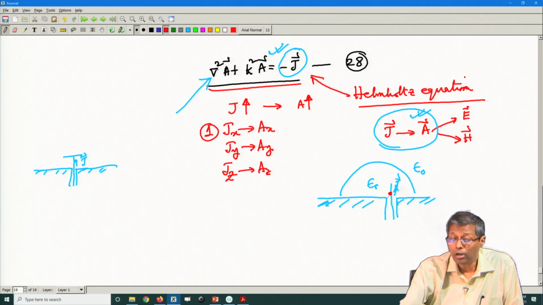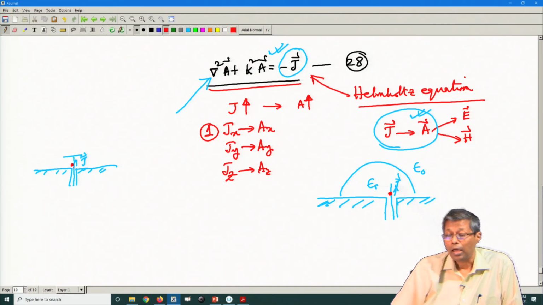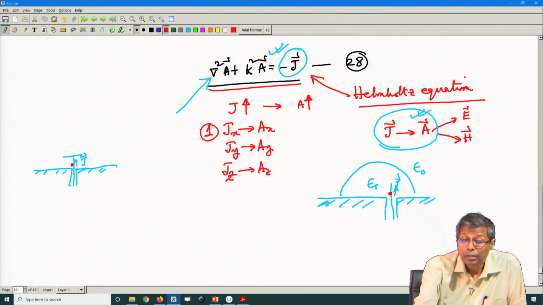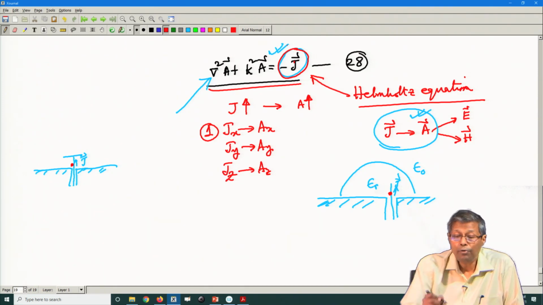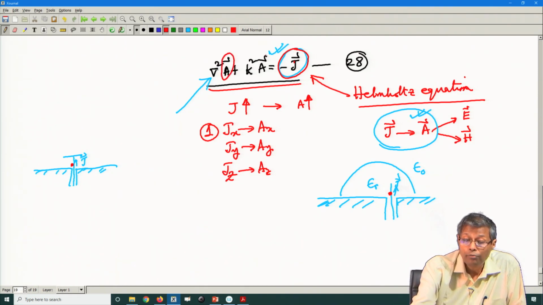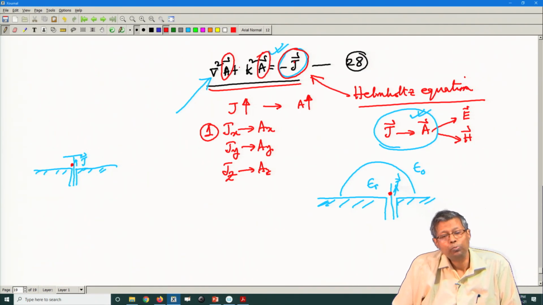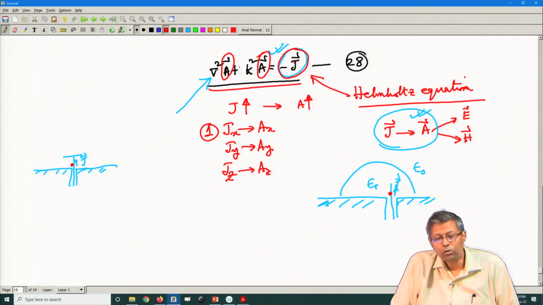We will take a point source here, point source there, and find out the response of this point source, which we already discussed in one of our previous lectures, and we call that the Green's function. So, therefore, we substitute for this current source J a point source, and we find out the value of this vector potential A, that is the Green's function corresponding to the vector potential A. What does it contain?